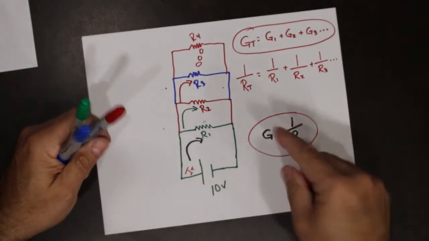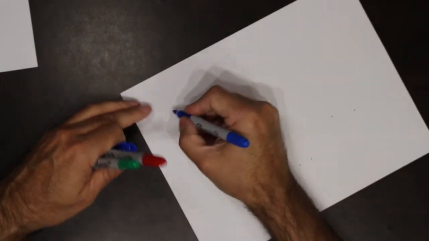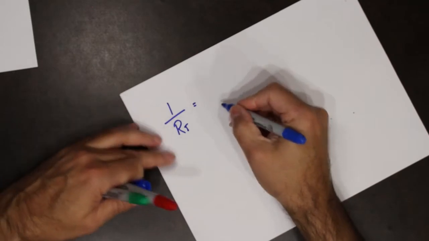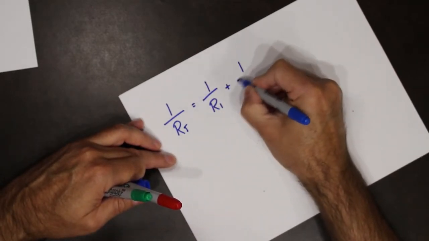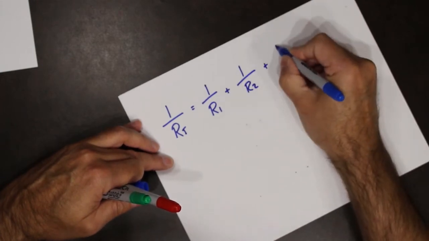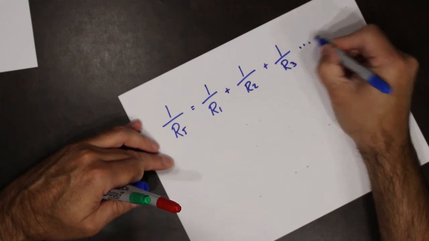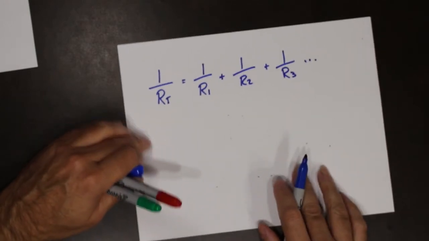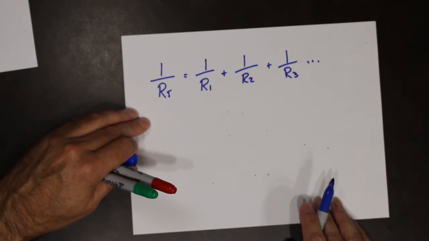So when we have resistors in parallel, we can calculate the total resistance using 1 over R1 plus 1 over R2 plus 1 over R3, and so on. This is the generic formula for calculating the total resistance in a parallel circuit.